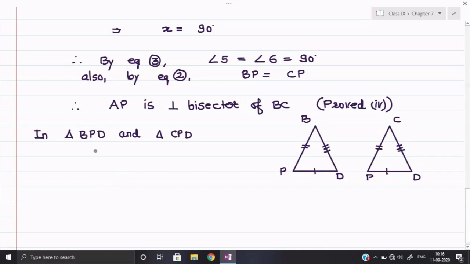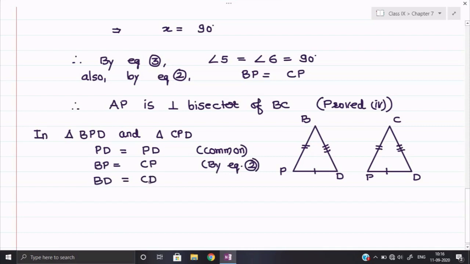Okay. So first we shall write down PD is equal to PD. That is common. Second, BP is equal to CP by equation number second, right? And the third one is BD is equal to CD. BD and CD are equal, that is given in the question.